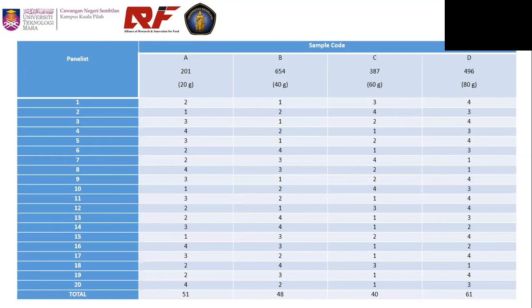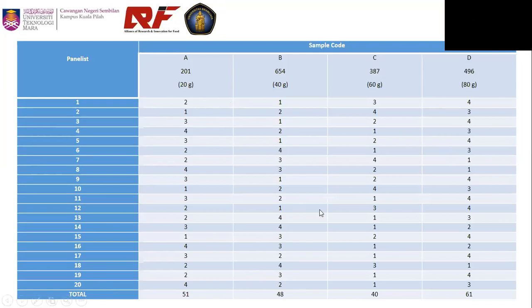It might be the company, it might be your FPD group. It shouldn't be your panelists. They should not know what is A. They only see 3 coded numbers on their sensory evaluation form. So this is how you tabulate the data before you analyze.